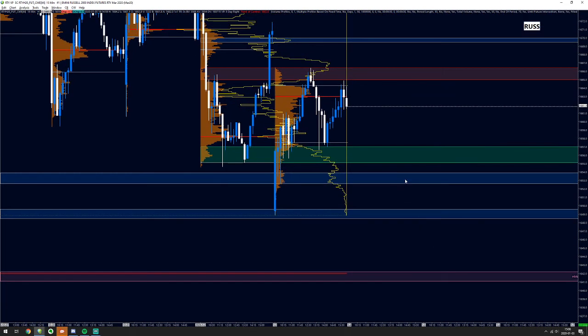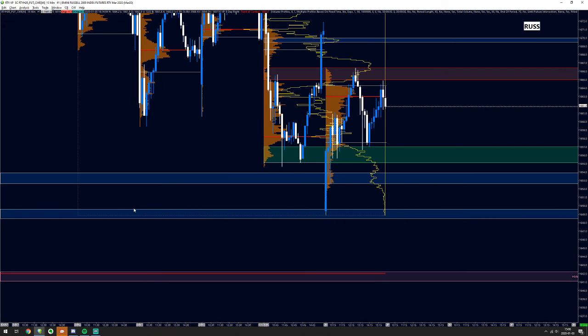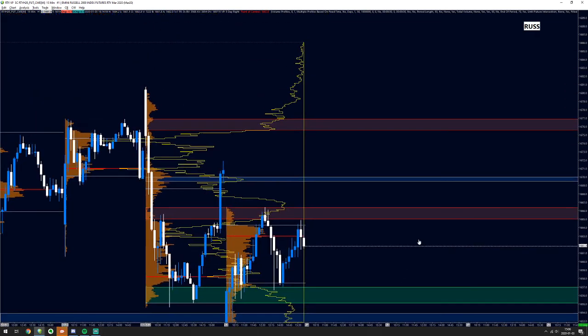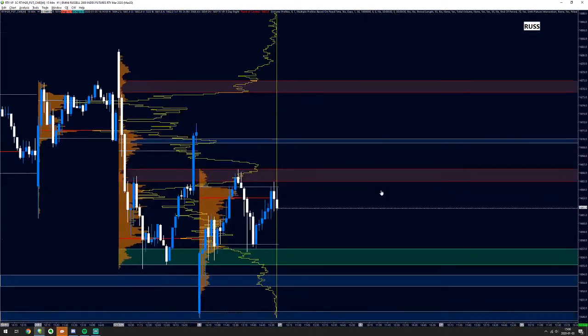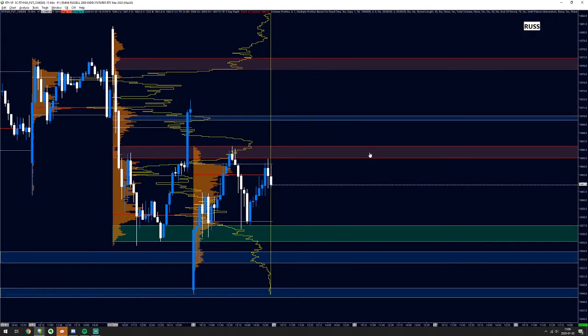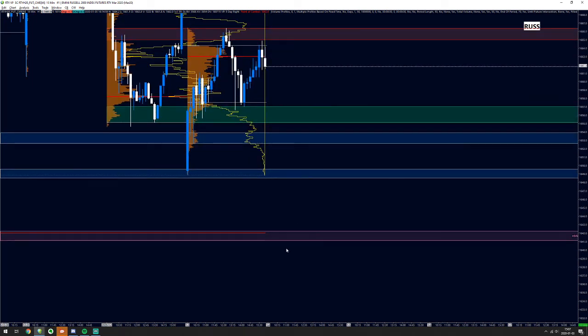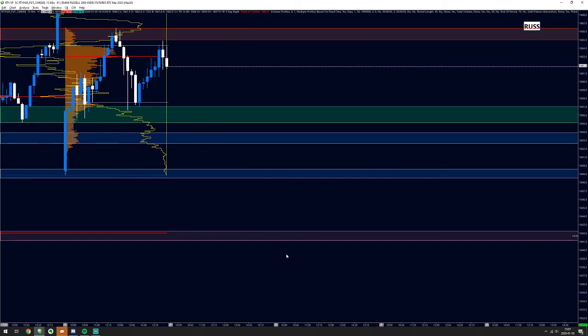Because now we have some places where we would expect the market to reach if we break below, some places above. So that's kind of the goal for any prep, is to have an idea of the current state of the auction here to here. And if we go unbalanced up, we're looking for targets up here. And if we go below, we're looking for some targets down here.